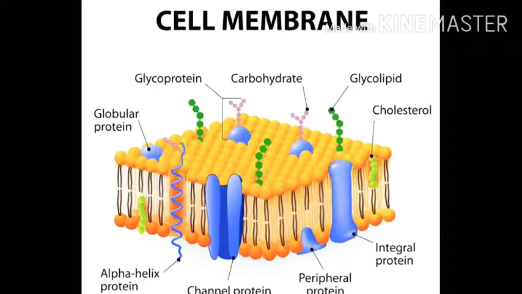Here the cell will lose water and the solution is known as a hypertonic solution. Again remember, hypertonic solution means the dissolved substance is highly present in the water solution. That's why it is a very concentrated solution. So this is known as a hypertonic solution.